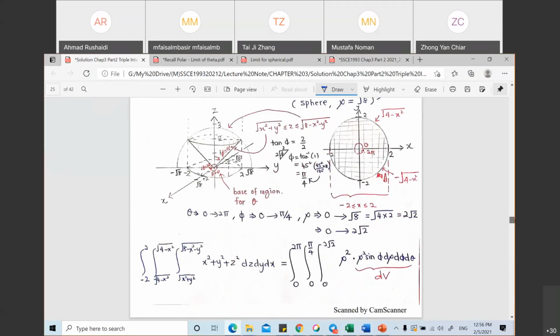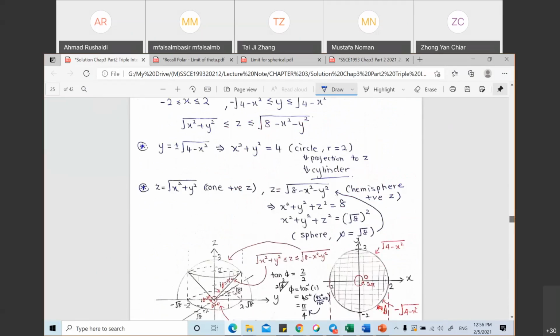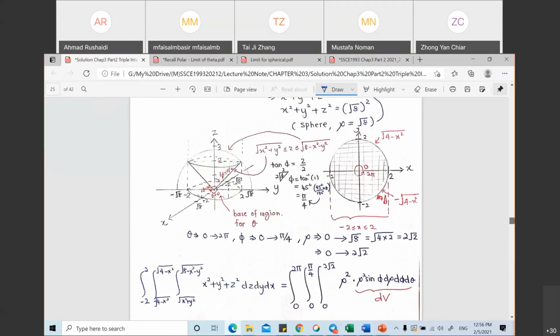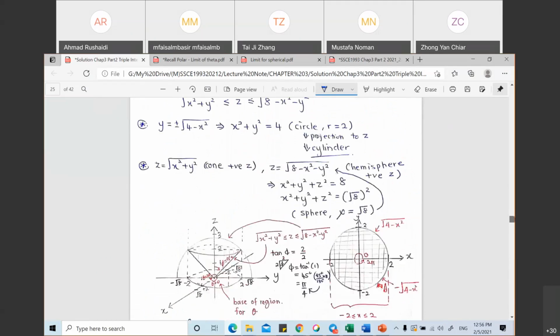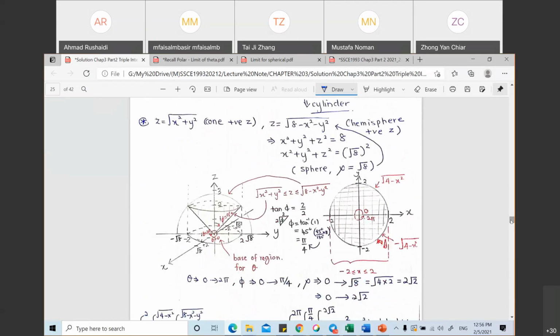Okay. So from here, you have to know the rho, radius of rho. The angle theta is 0 to 2 pi. Your phi is again the same, 0 to pi over 4. Now you have to know the rho, right? So rho is here, which is in the sphere. Remember, rho refers to the sphere.